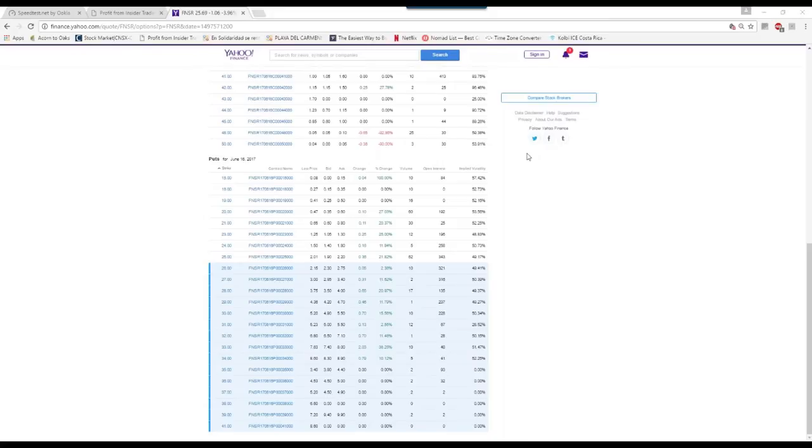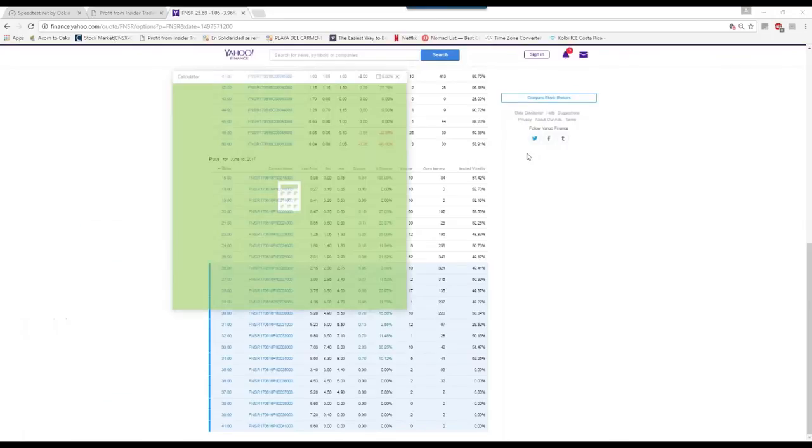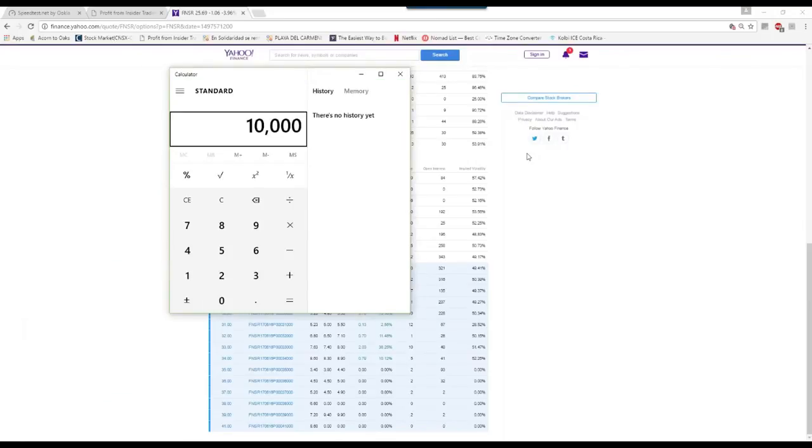A general rule amongst traders is to never risk more than 2% of your capital in any one trade. To do the math, let's say you had $10,000, so 2% of your portfolio would be $200.